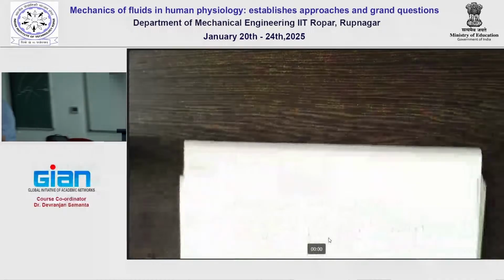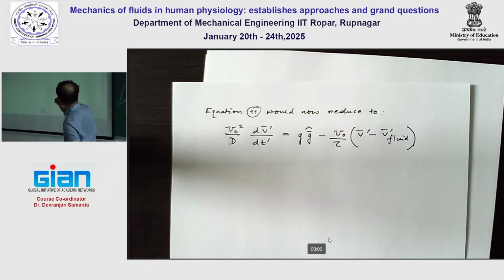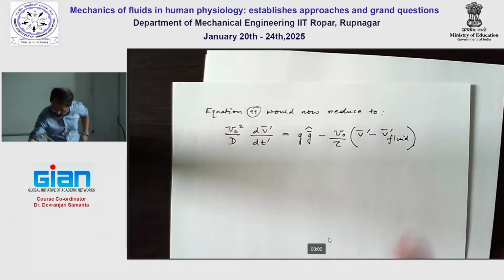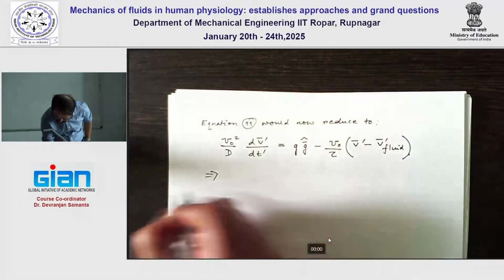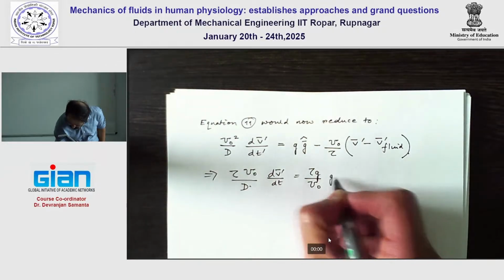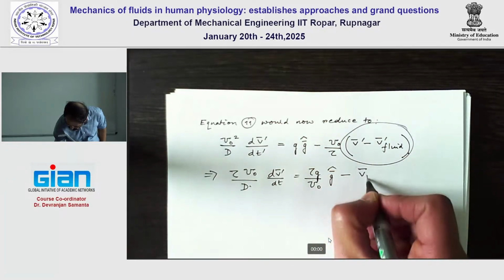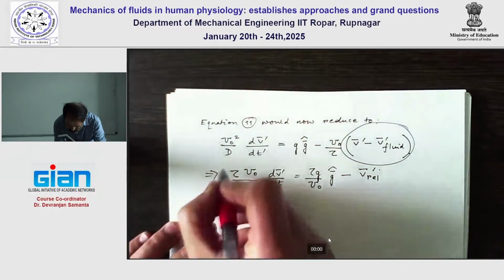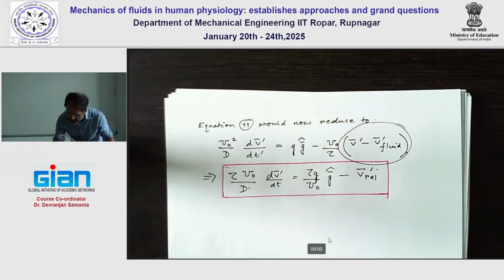So this is what equation 11 is, by simplifying the cofactors and putting in the dimensionless variables. Let's now try to simplify this a little bit more. So tau times G over U naught times G bar prime minus this particular term over here becomes V relative. So let's block this equation out. Let's call this equation 12.